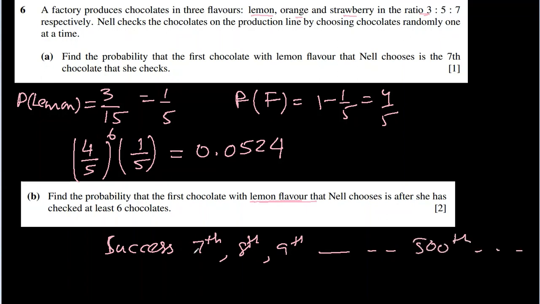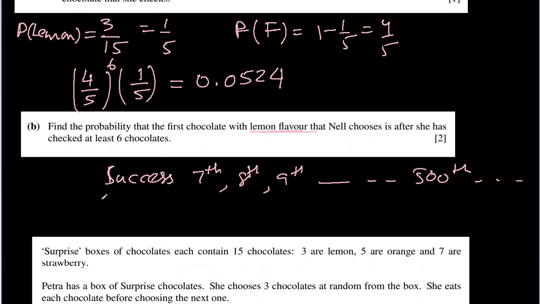We are not sure which one after this, but what we are sure is that 6 times she doesn't get lemon flavor. That means she fails 6 times, and after that she certainly gets success. Which number, we don't know. Just put this and you get the answer. What I get here is almost 0.262.